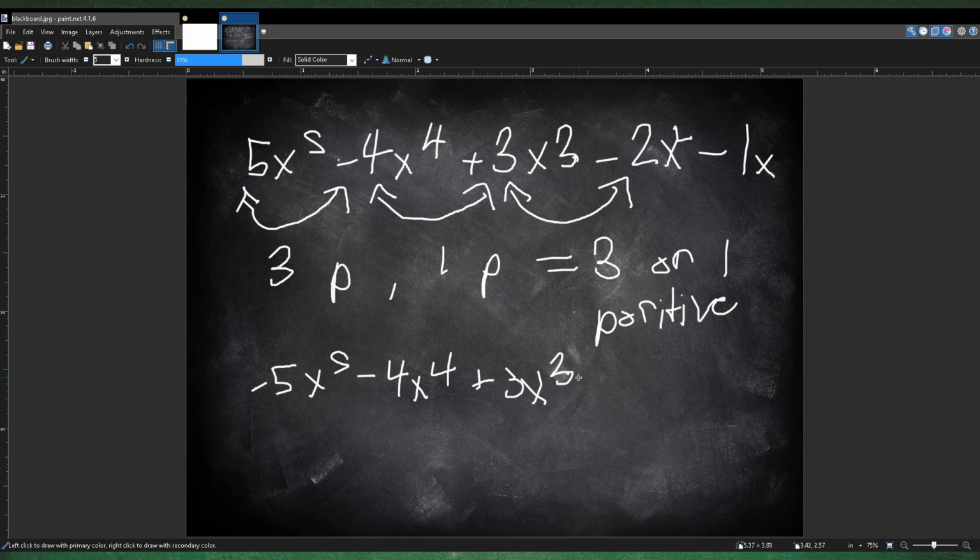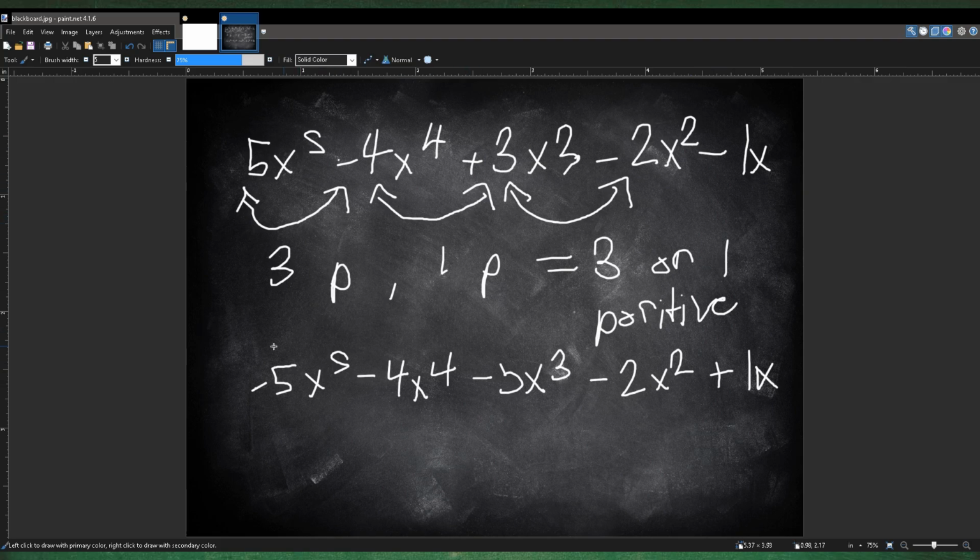So this gets negative 3x cubed, this will be negative 2x squared, and this will be plus 1x.